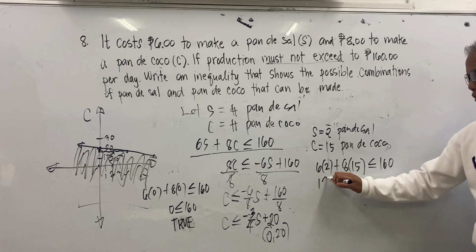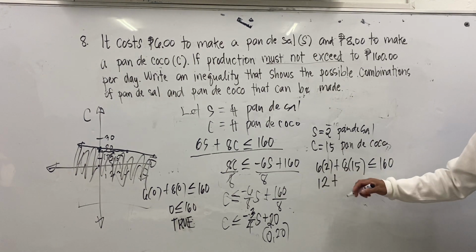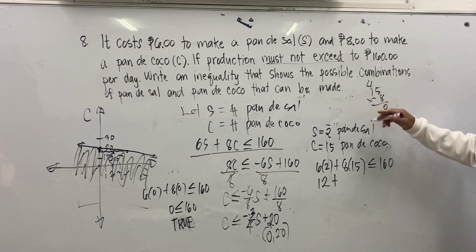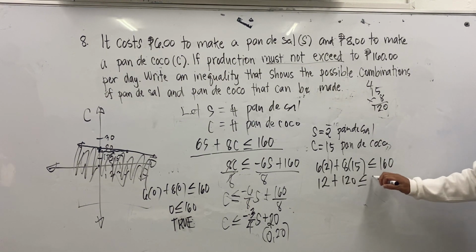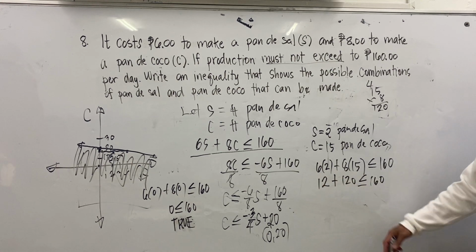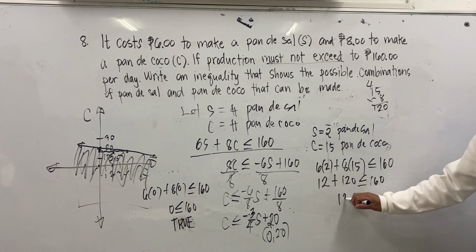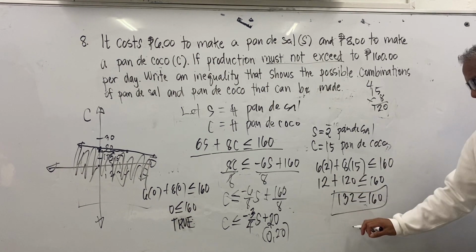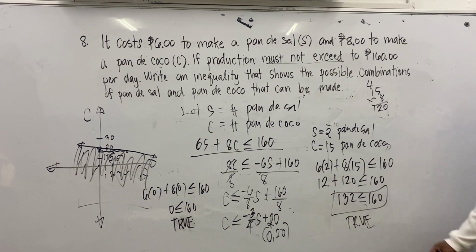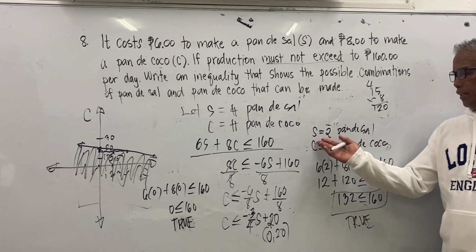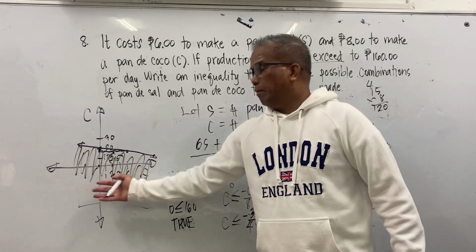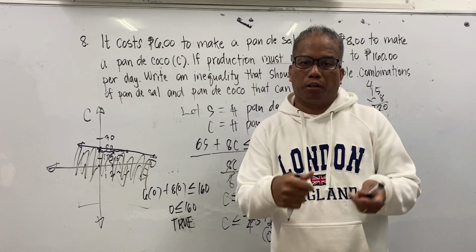So we have 12 plus 8 times 15, which is 120. 12 plus 120 equals 132, less than or equal to 160. So from this, it's true. It means one of the possible combinations is 2 pandesal and 15 pan de coco. Any points here we can use as combinations.